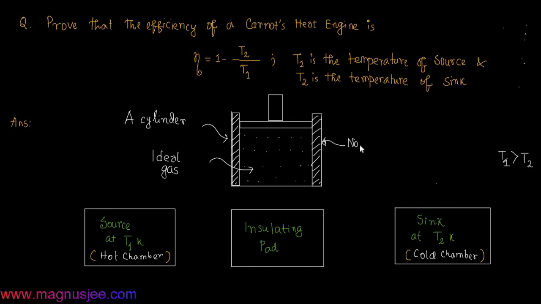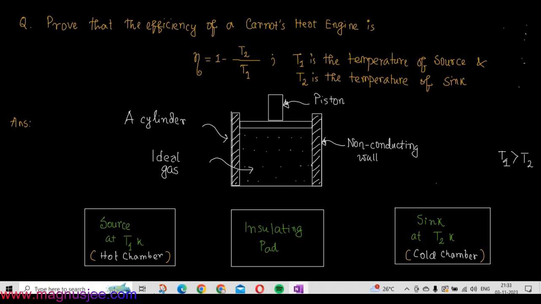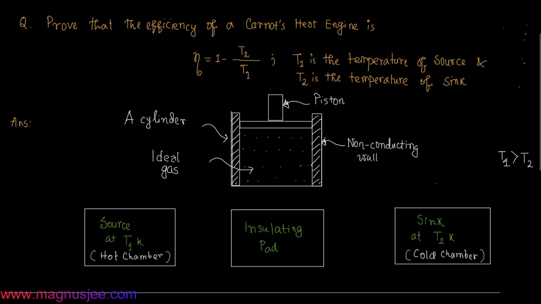The walls which enclose the ideal gas are non-conducting. This is the piston, which is capable of moving in the vertical direction. The frictionless piston is fitted with the cylinder containing the ideal gas.